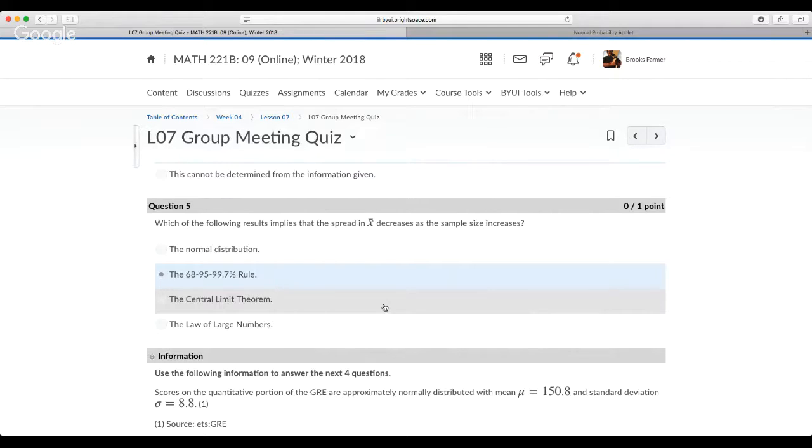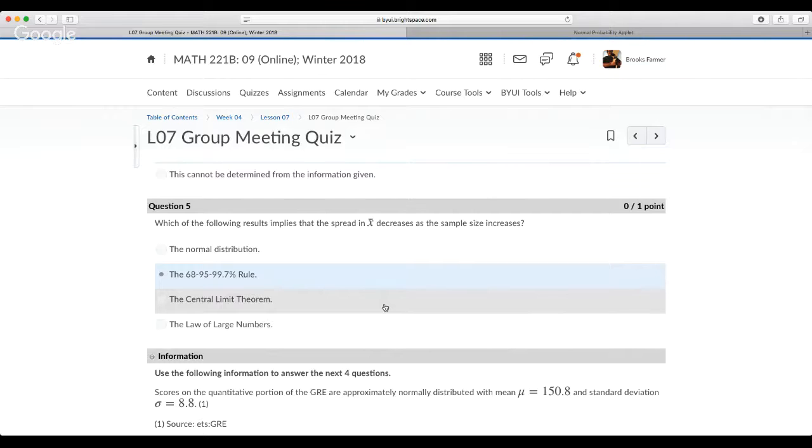Who hasn't turned it in yet? The first one, I haven't. I tried law of large numbers. They were all wrong. Okay, I got you. I'm writing down all the answers so I can redo it. I got 100%.